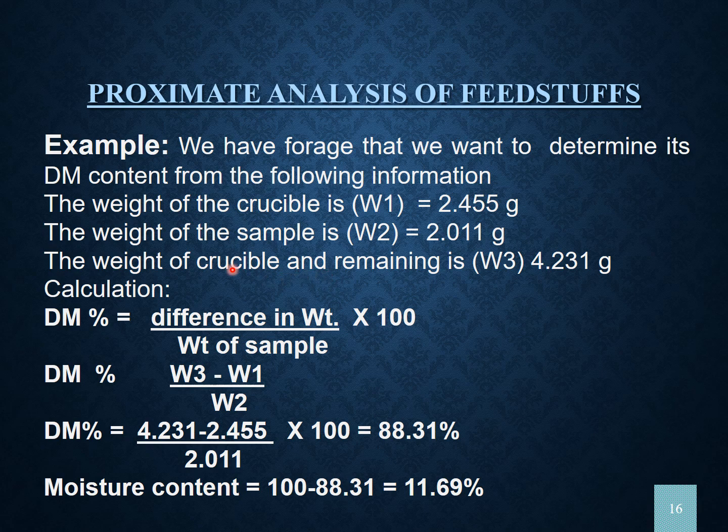The weight W3, the crucible and remaining sample after drying, are combined together. So how do we separate them? By subtracting the weight of the crucible from this.